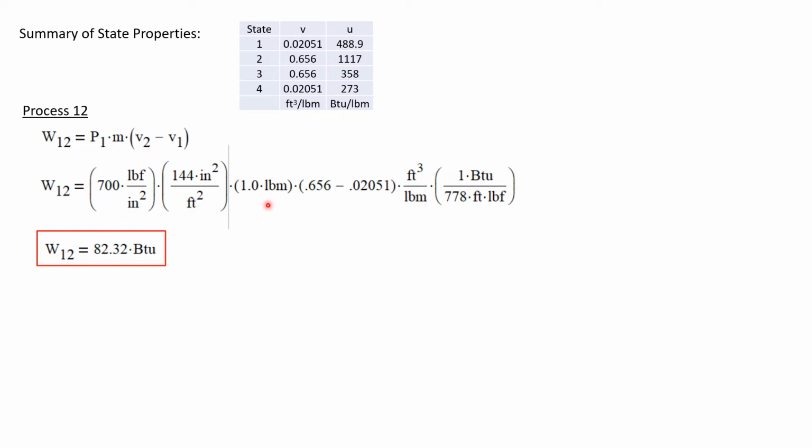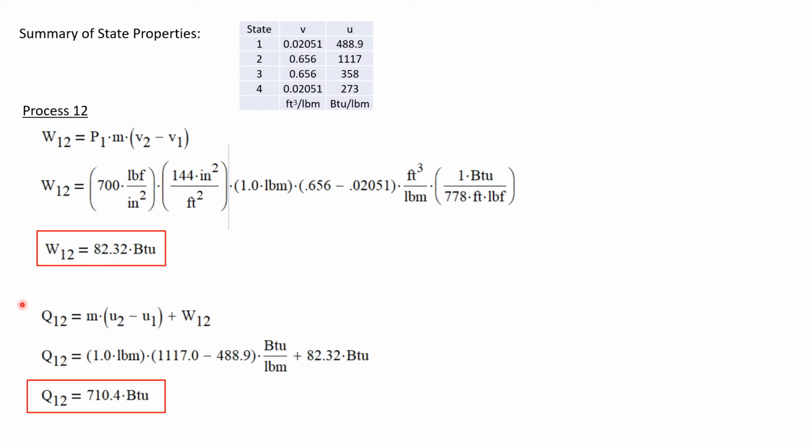The mass of the system is 1 pound mass. And we have the specific volume at state 2 and state 1. At this point, we have energy units of foot-pounds-force, which I'm going to convert to BTUs. So I calculate that the work done by process 1-2 is 82.32 BTUs.